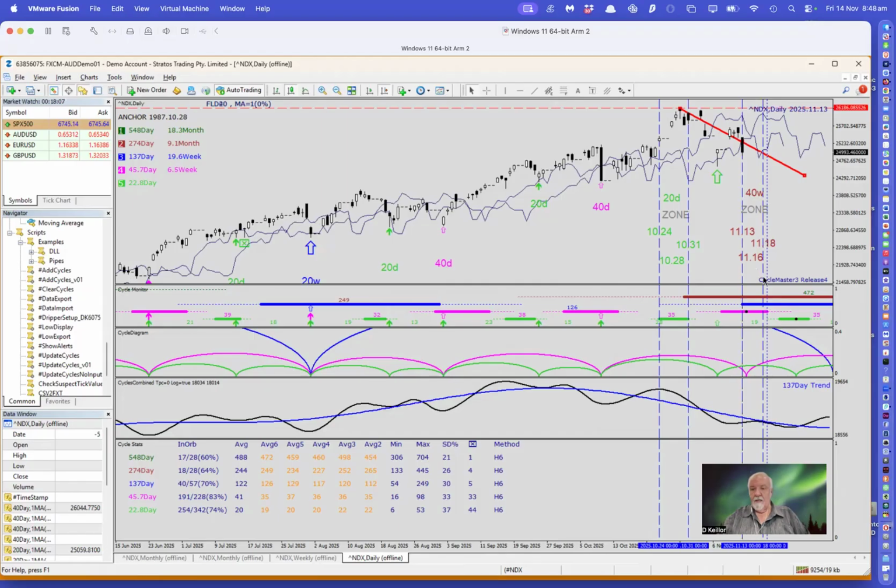So you can see now that if we go to the right-hand side of the 20-day orb, we're pushing well out to the end of November, the 26th, in fact. So the important thing is be ready for a drop.